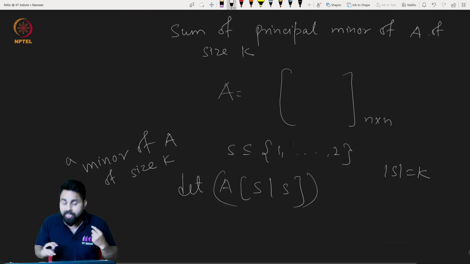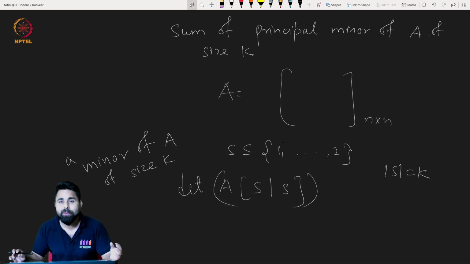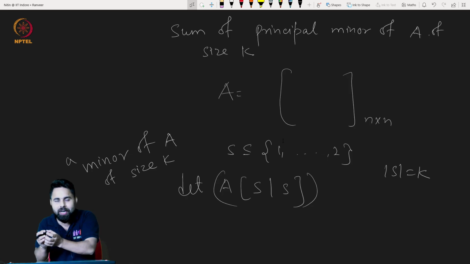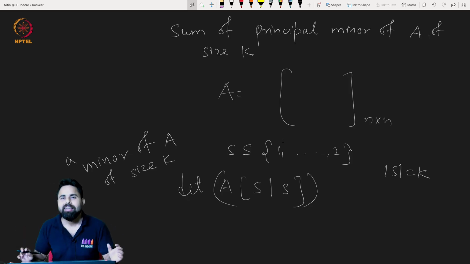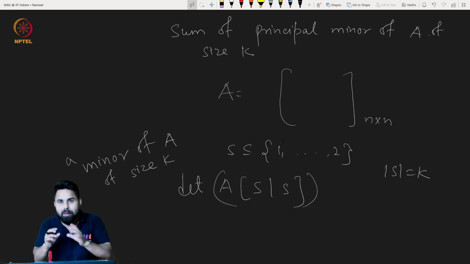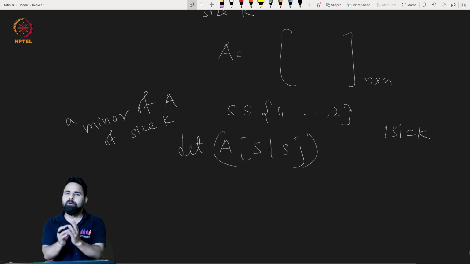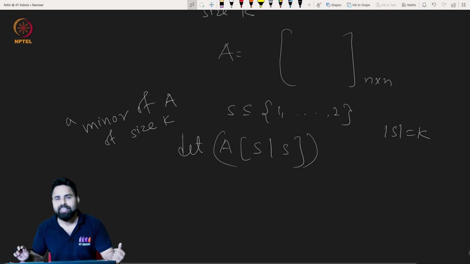So it says that if you take the eigenvalues k at a time, take the product for every combination of k such eigenvalues and then sum them, this will equal the sum of determinants of principal submatrices of size k cross k. These are called minors. So you have to prove this result.